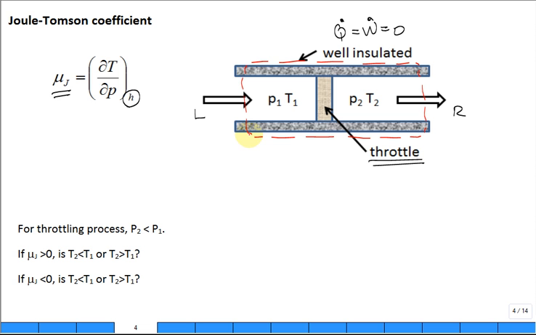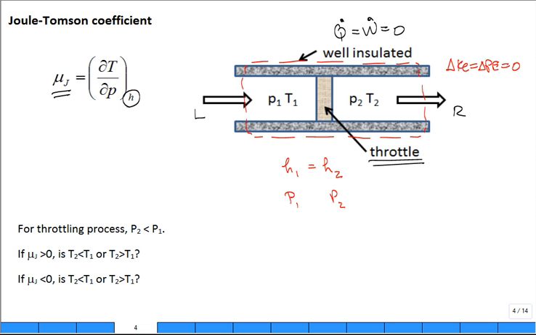And if you neglect changes in kinetic and potential energy, then you find that H1 is equal to H2, true? Isenthalpic. But the pressure has significantly changed through the throttling device. The pressure at 1, how is it related to the pressure at 2?